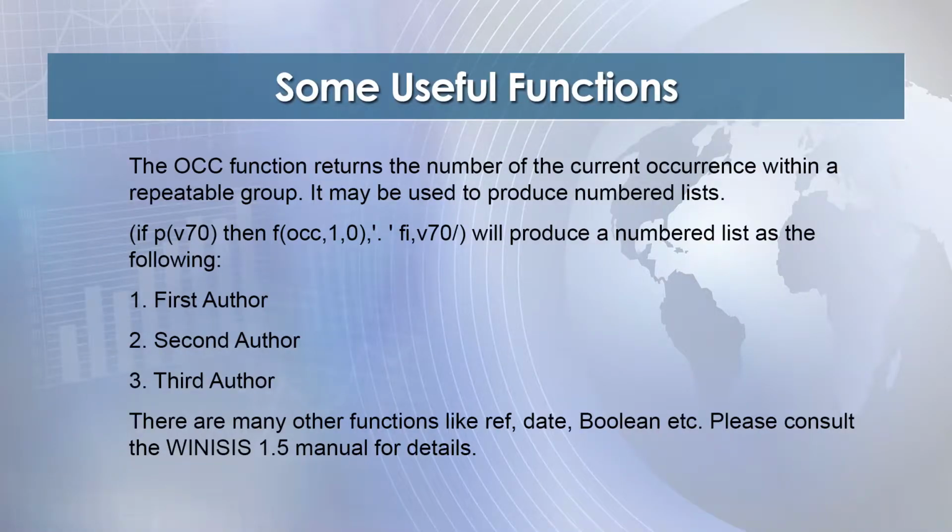Let us have a real life example to show the OCC function, the occurrence function. Here you see a particular author field, which is a repeatable field and contains 3 to 4 authors.